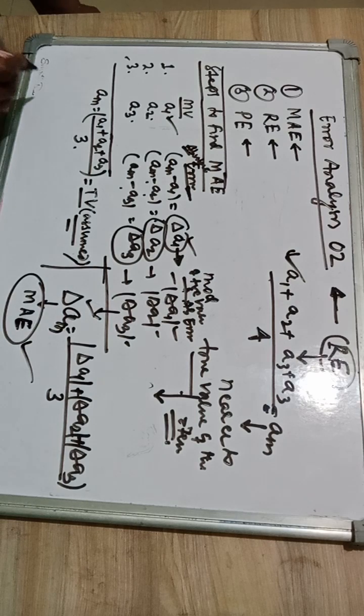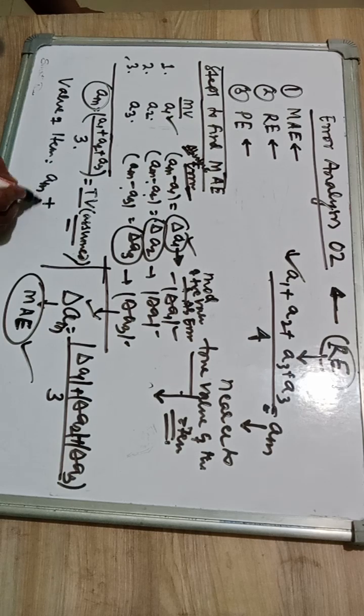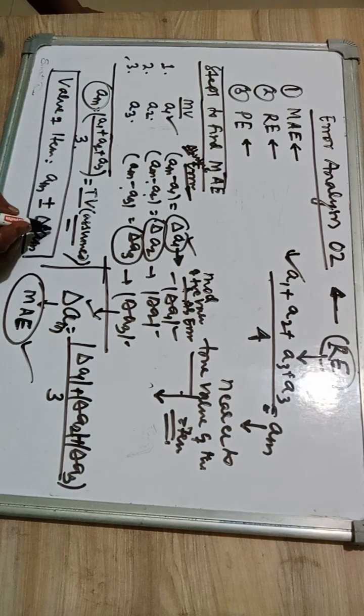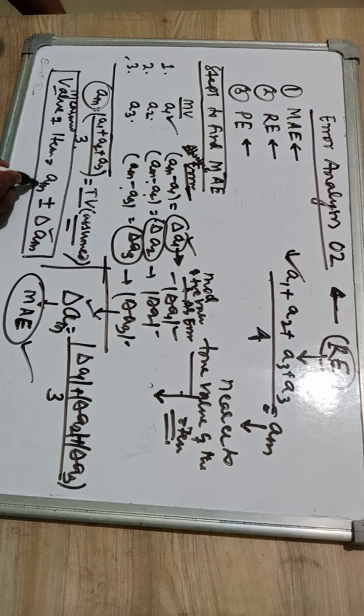Whereas the assumed true value is AM, the measured value of the item will be the assumed true value plus or minus this error. Sometimes it will give plus, sometimes minus. The measured value of the item will be AM plus delta AM, or AM minus delta AM, or the value will lie between AM minus delta AM and AM plus delta AM.